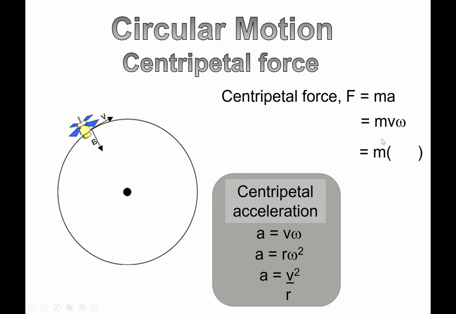And we can also substitute r omega squared into a here. We get m r omega squared. And finally, if we substitute a equals v squared per r into the equation, we have m v squared per r. So this is the equation for centripetal force.